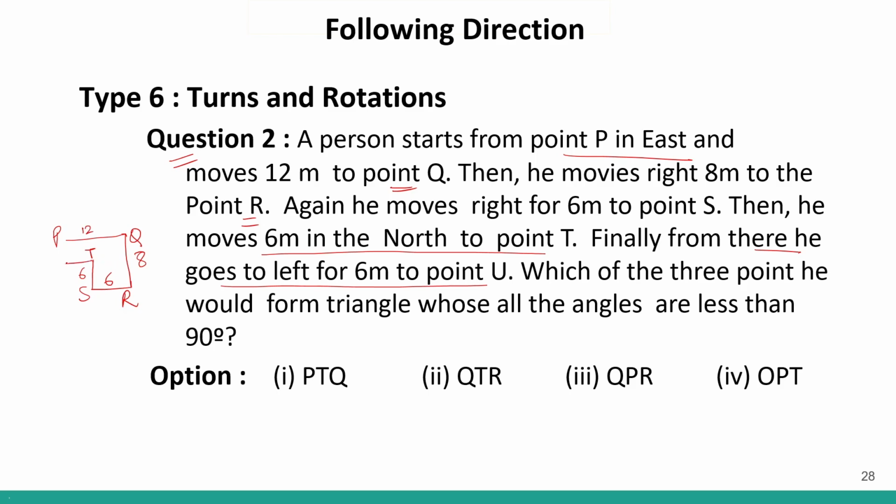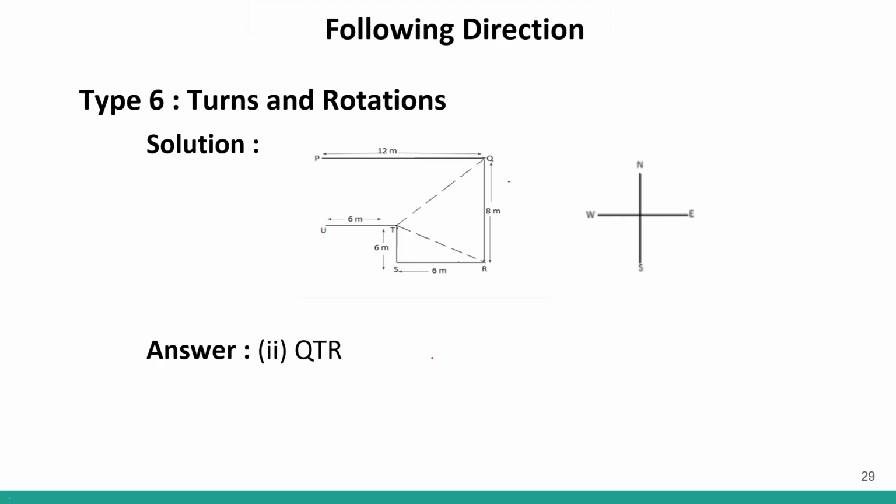Left will be this direction to reach point U. U will be just below P. Which of the following 3 points would form a triangle whose angles are all less than 90? If we look at it like this, in this triangle all the angles will be less than 90 degree. So our triangle will be QTR, which is option number 2. So option number 2 will be the correct answer.